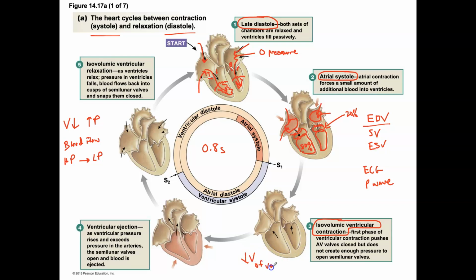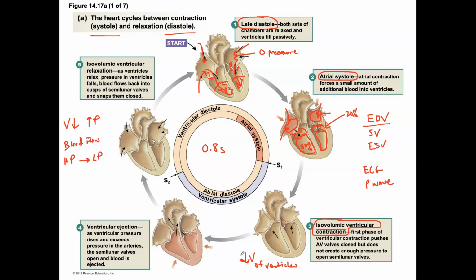So the chamber volume is getting smaller, but the blood volume is not changing. And that's where the word isovolumetric comes from. It's not talking about the size of the ventricles. We know the size of the ventricles when they begin to start their contraction.